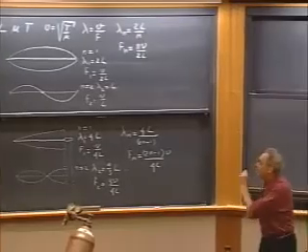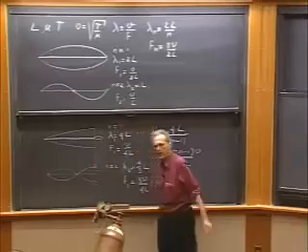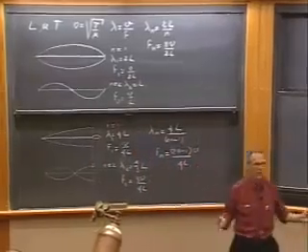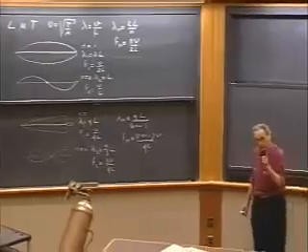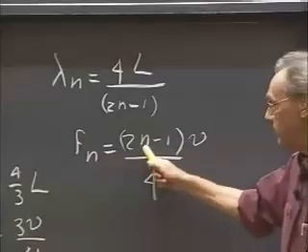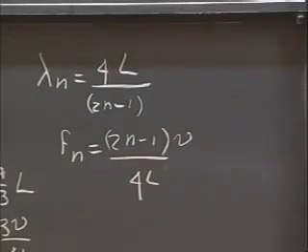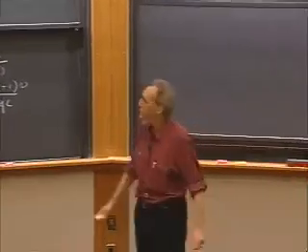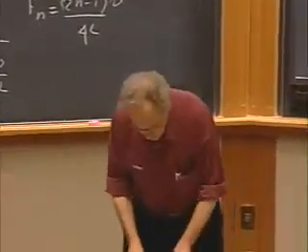So for instance, if that were 100 Hertz, with the same length here, you would get 50 Hertz, if all other things are the same. And then the second harmonic would be 150 Hertz, because if n becomes 1, you get a 3 upstairs. If n becomes 2, you get a 5 upstairs. So now the ratio is 1, 3, 5, 7. Whereas there the ratio is 1, 2, 3, 4, etc.